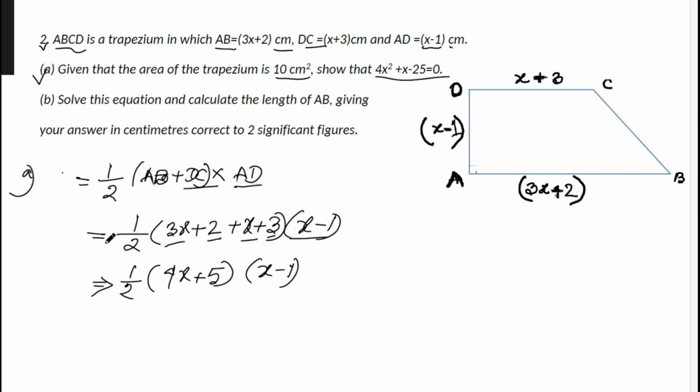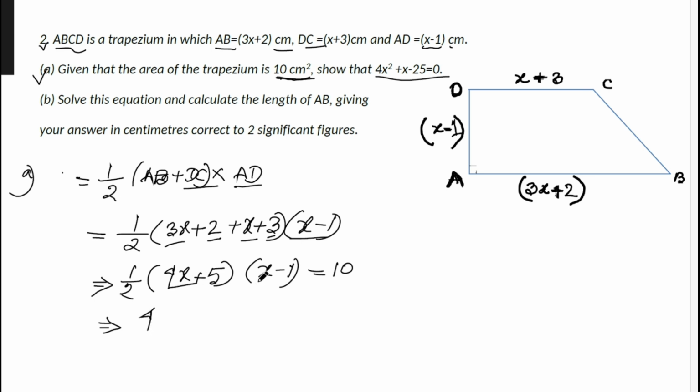So this is the area of the trapezium from the figure, and the question has given us the area of the trapezium. So now we can make an equation using both pieces of information. Then we will get this area is equal to, you can write 10.